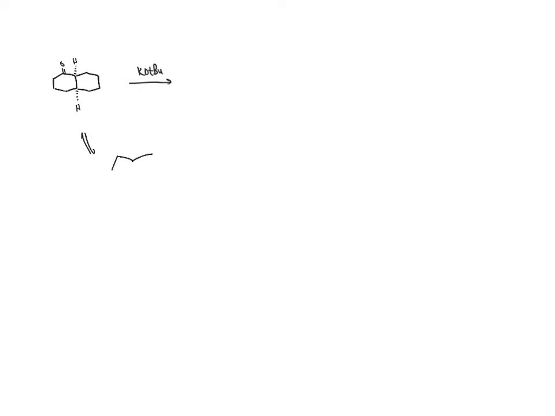Well, I'm going to draw this in its sort of cis-like form. And it's going to undergo deprotonation here with tert-butoxide. And so I've got deprotonation here, and then formation of the enolate.